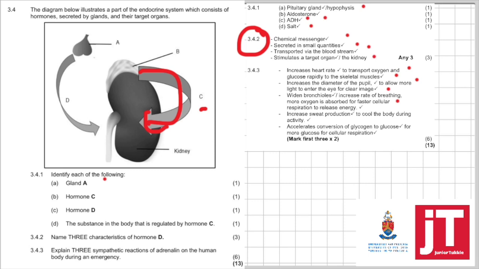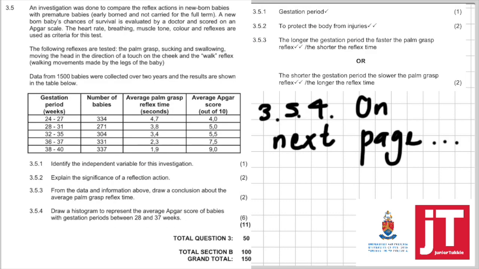There will be an increased production of sweat to cool the body during the activity. And there will be an acceleration of the conversion of glycogen to glucose for more glucose produced for cell respiration for energy. This is also a very lovely question. Remember, with sympathetic, can you see everything is increased? All the functions are increased. That's the function of the sympathetic reactions.